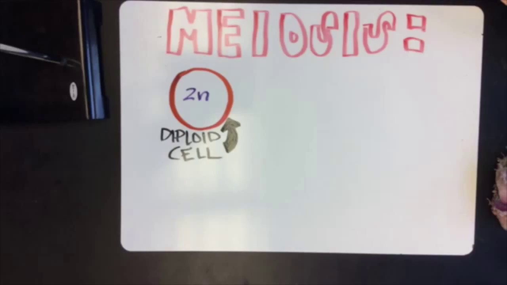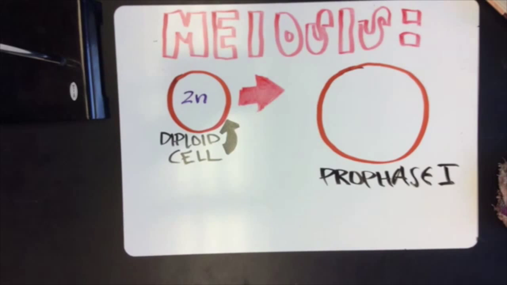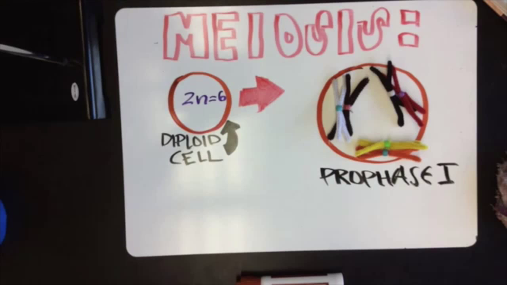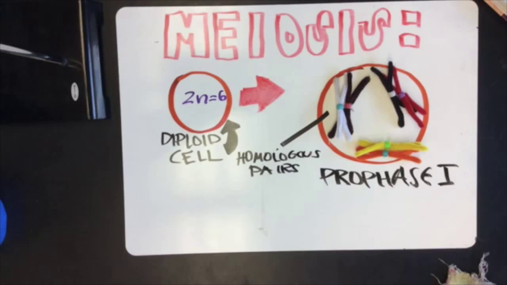A diploid cell is a cell with two sets of chromosomes, represented by 2n. In humans, 2n equals 46. The first stage of meiosis, which is how germ cells reproduce to form gametes, is prophase 1. During prophase 1, homologous chromosomes, which are sets of chromosomes from both the father and the mother, join together.